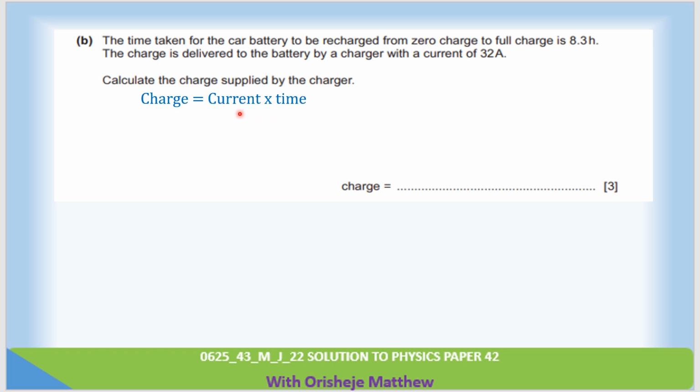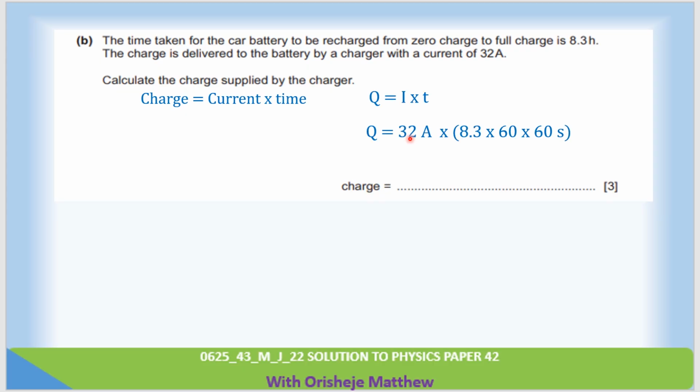But take note, there is a trap in this question. 8.3 hours: don't put that 8.3 hours in the place of the time. You must convert it to seconds, which is the standard unit of time. So you must take note of that.